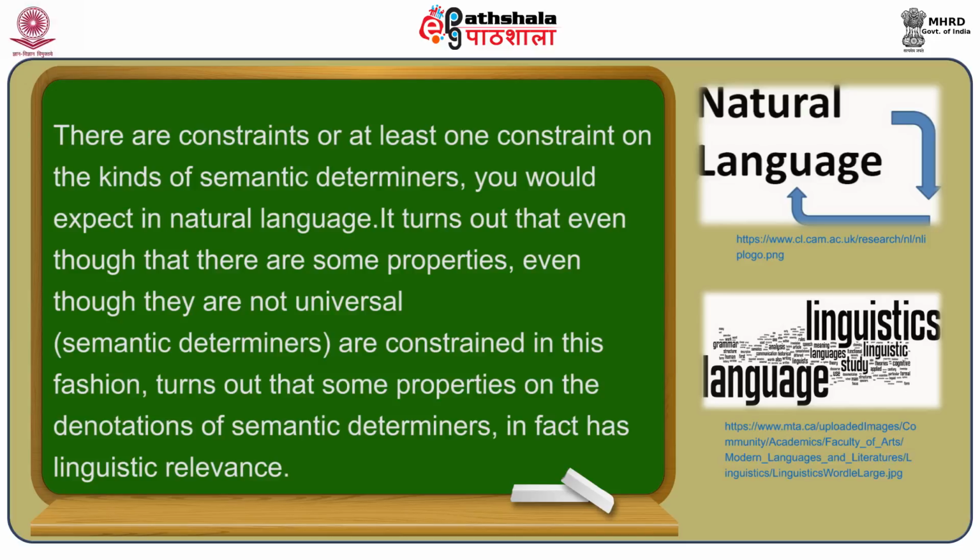That means if a determiner has a certain property P, then it will behave in a certain way in natural language. So we will take a look at various examples of something like this.